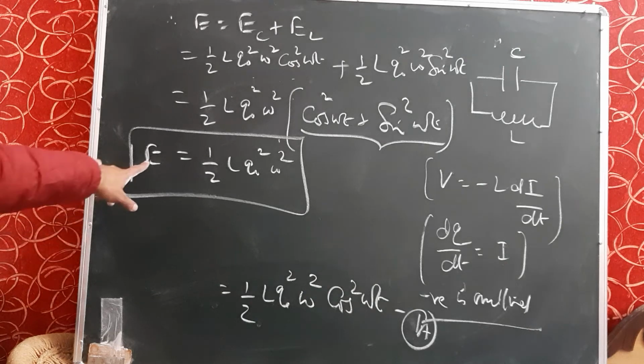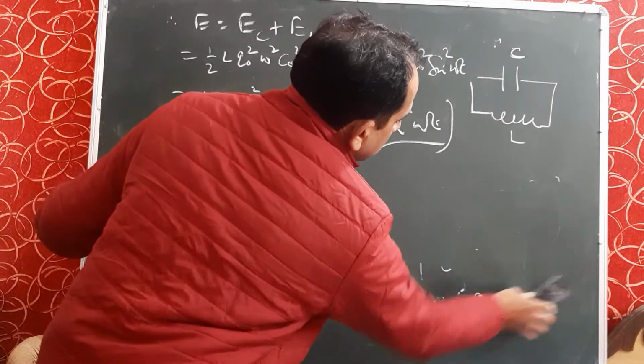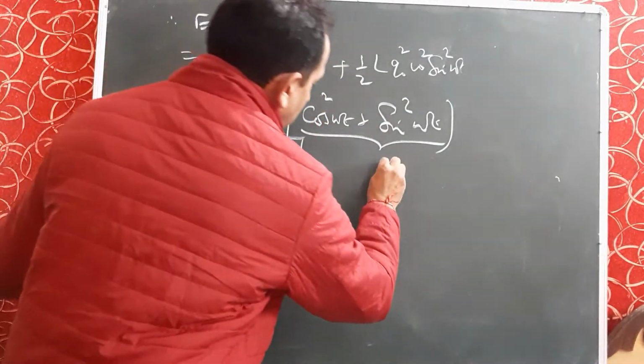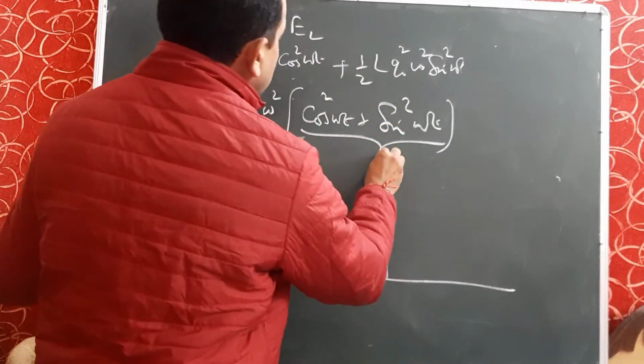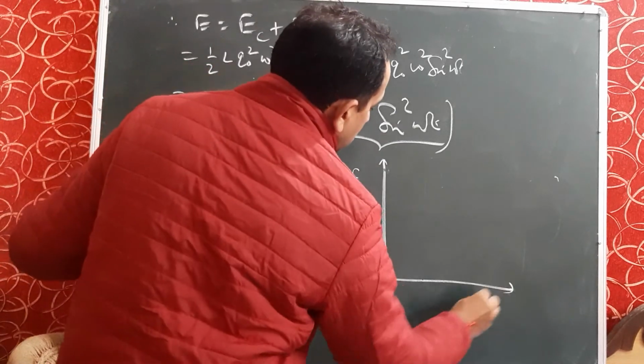This formula is the same as we observed in the mechanical oscillator, that is half m omega square x square or a square. So, this is the total energy. Again, if we plot the graph of these energies, you will get the same answer: energy is here and time is here.